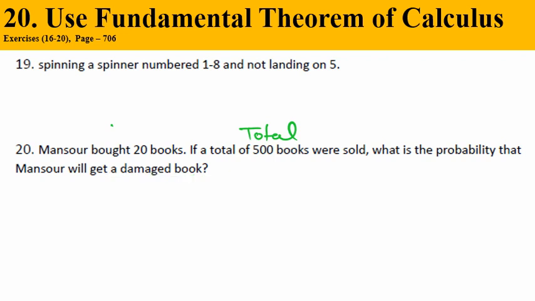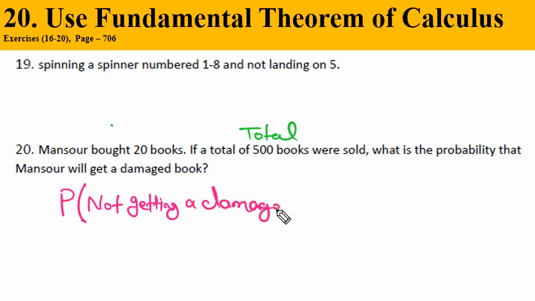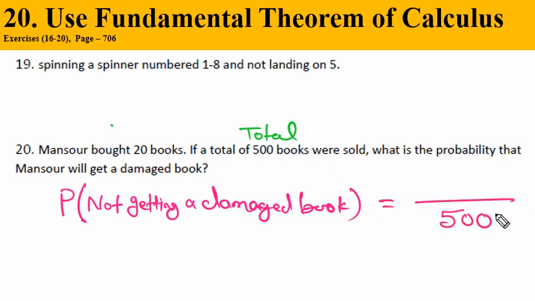Now it is saying that Mansoor will get a damaged book. So what I will do, I will find probability of not getting a damaged book. So what will be the probability for that? First of all, total how many books? Total is 500. Now not getting a damaged book.